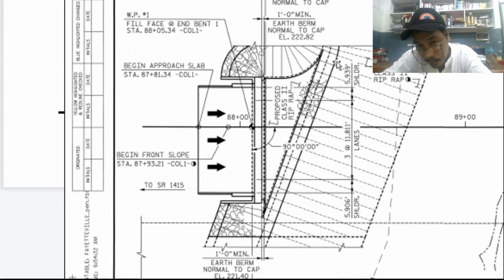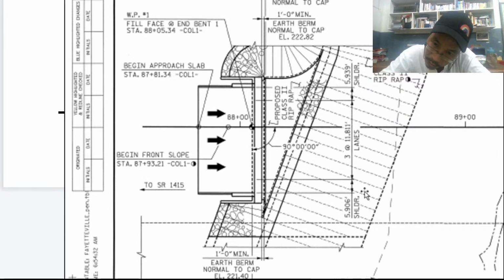This is the going down riprap. This point is actually at the same elevation as this point. So if you can imagine that these points are of the same elevation, this riprap is actually going down. So this proposed riprap from this portion going there is also going downward. Okay.